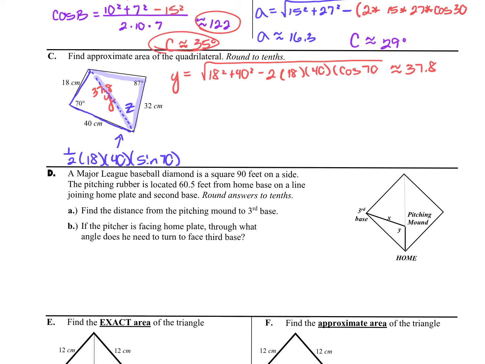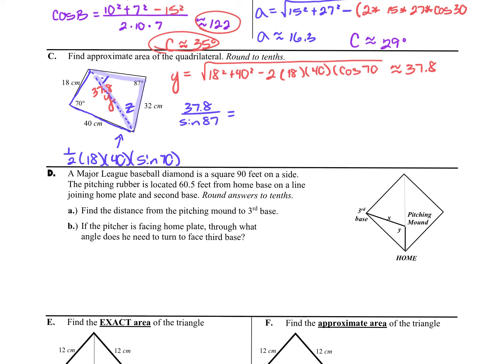I'm going to find the measure of this angle, and I'm going to use law of sines because I have an 87 and a 37.8. Again, I can switch laws because this is a whole new triangle. It's not the triangle I started with. So in my triangle on the right, I can say that 37.8 divided by the sine of its angle of 87 is equal to my 32 over the sine of, sorry, I actually meant to put this as an x here.